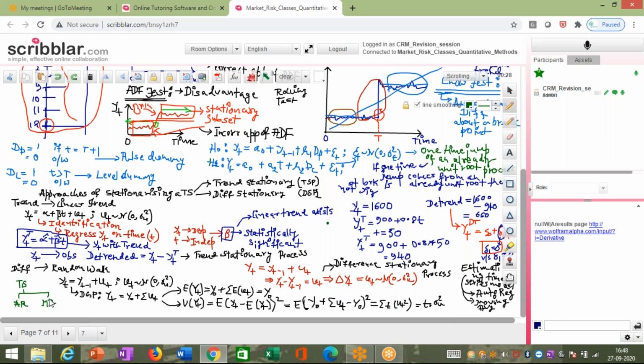And what are the key characteristics? What are the criteria for an AR process to be stationary? What are the criteria for an MA process to be stationary? If both these criteria hold in the system, then we know that the final model that we have developed is a stationary model. These are some of the questions that we need to address in this section.